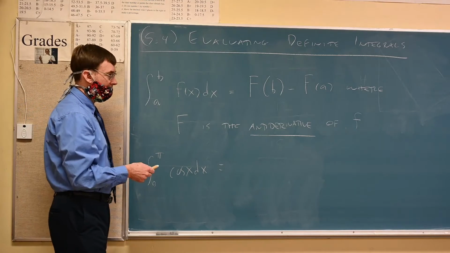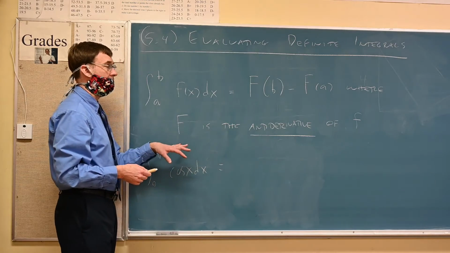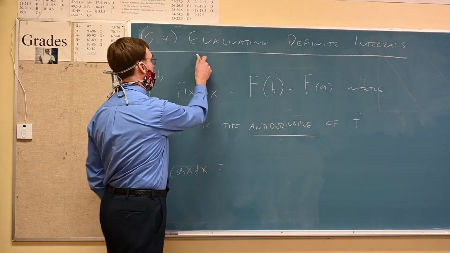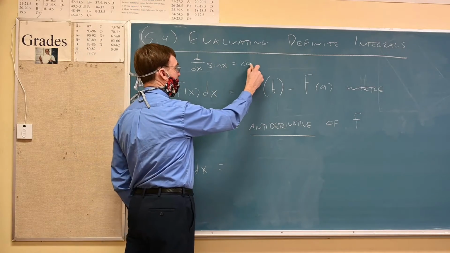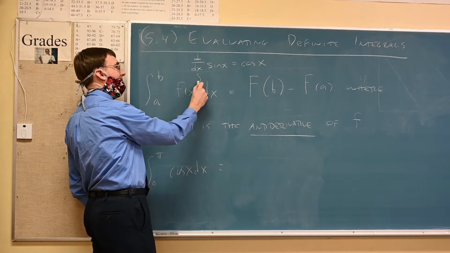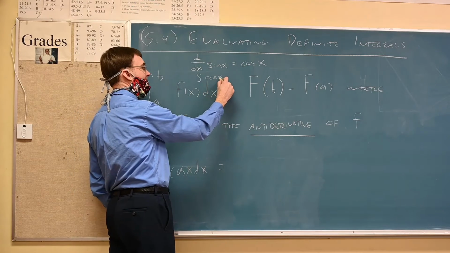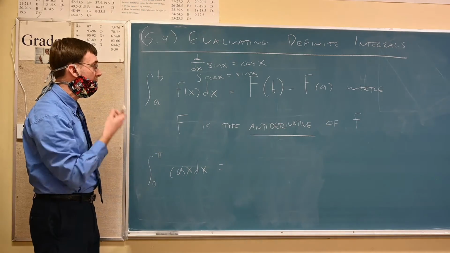This is also handy for the purposes of your card, because now you have a symbol that you can put things on your card. Like you can write that the derivative of sine is cosine. Now you have a symbol that you could also express that the antiderivative of cosine is sine. And you could write that both ways if you want to.